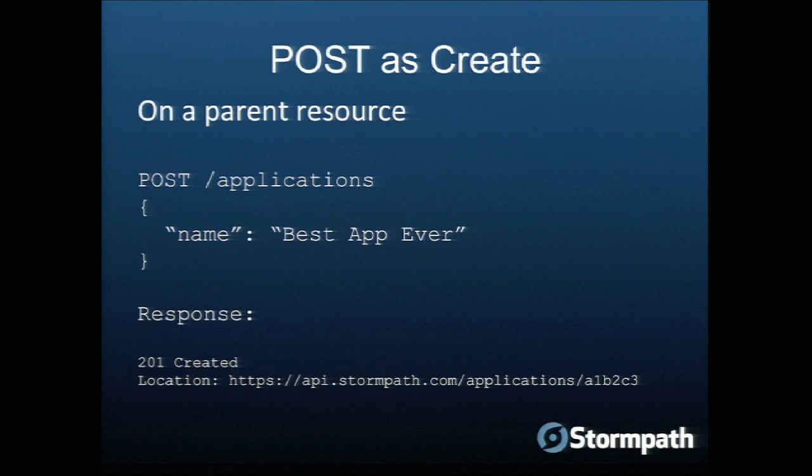And the server can respond with 201 Created, and the Location header is set to the fully qualified href of that resource that was just created on the server. One of the things that's interesting is because post does not have to be idempotent, you can send in partial representations of resources. So in this case, we're setting the name but not the description. And that's completely legal because post is sort of the one-off in the HTTP specification for methods.